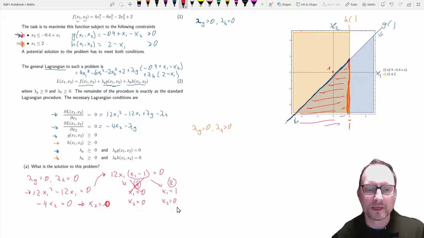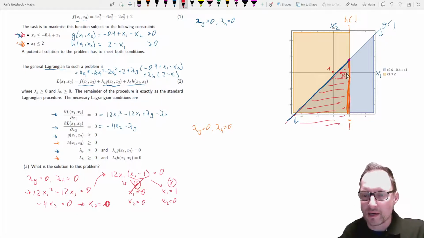What about point B? Let's draw it first. x1 equals 1, x2 is 0. That is around here, halfway between the origin and the constraint, which is at 2. So this is point B, and here we still have a potential solution.